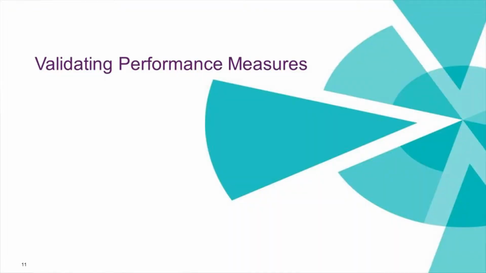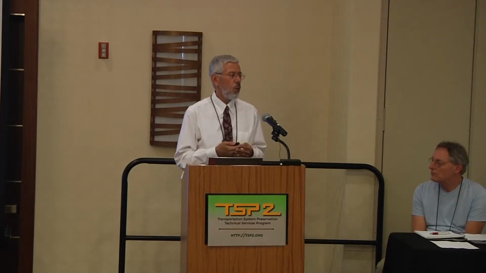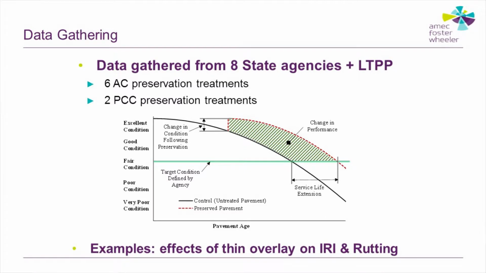The second phase of the project focused on the validation of those performance measures. And as part of this effort, we collected actual real data from 8 different state DOTs, as well as from the LTPP program. Those data at the very top included pavement condition versus time data, both prior to the treatment and after application of the treatment.